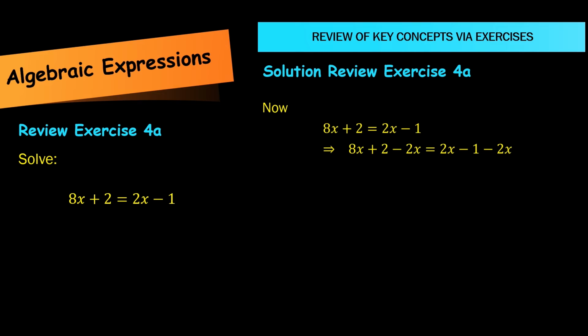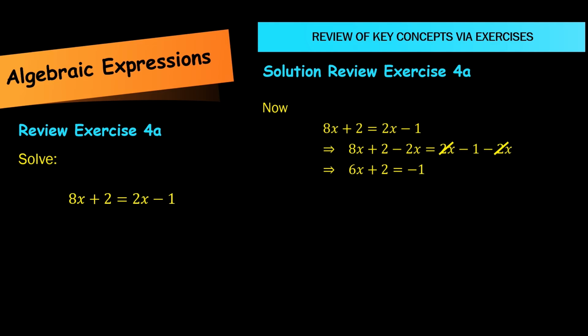So let's subtract 2x from both sides, as shown, to give us that 6x plus 2 equals minus 1. As you can see, there are no more x's on the right-hand side.